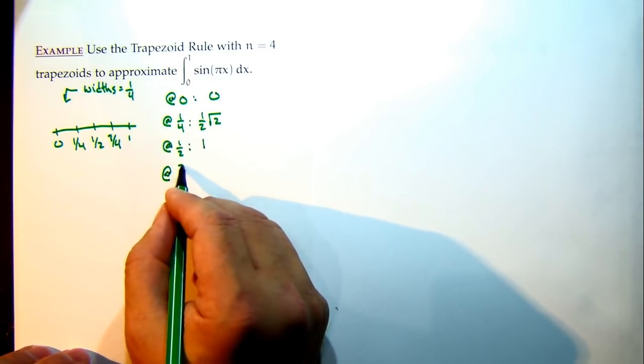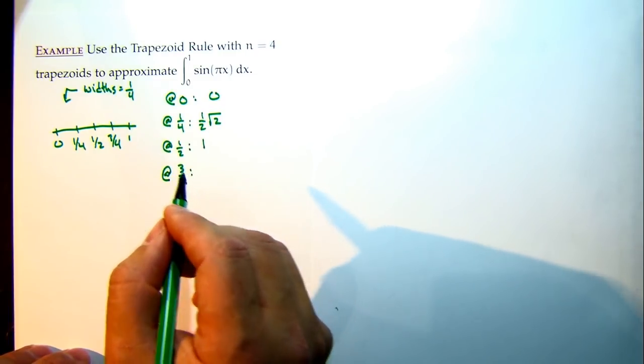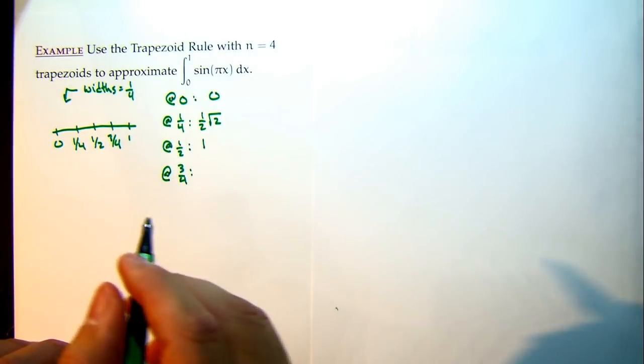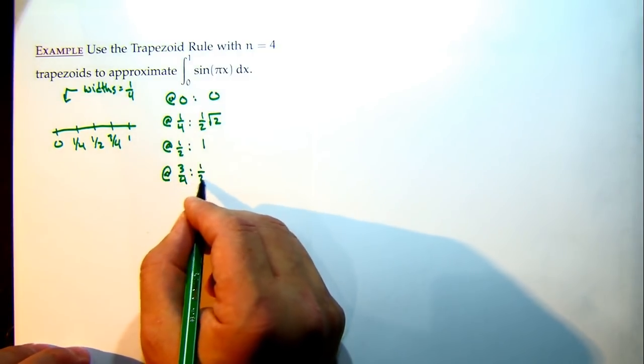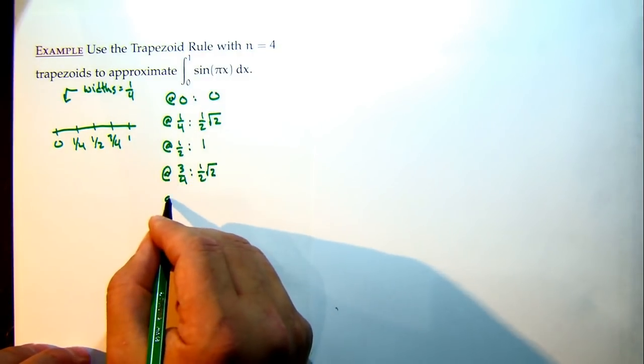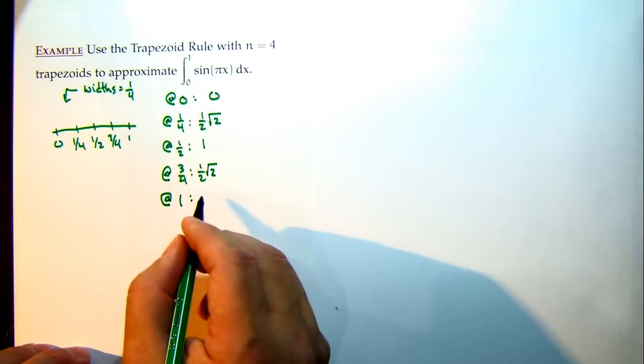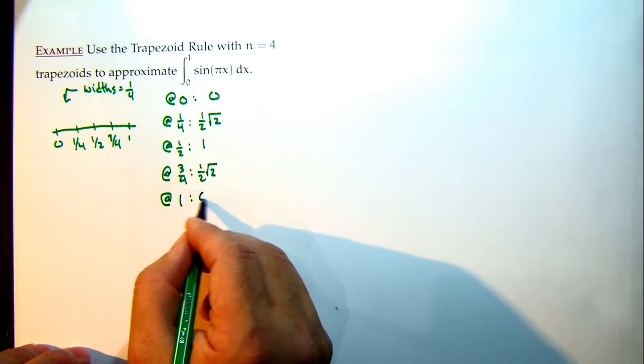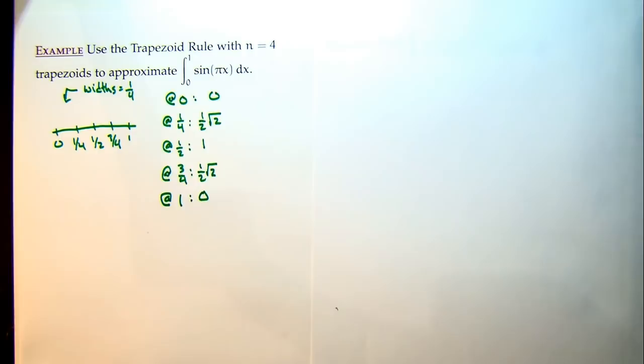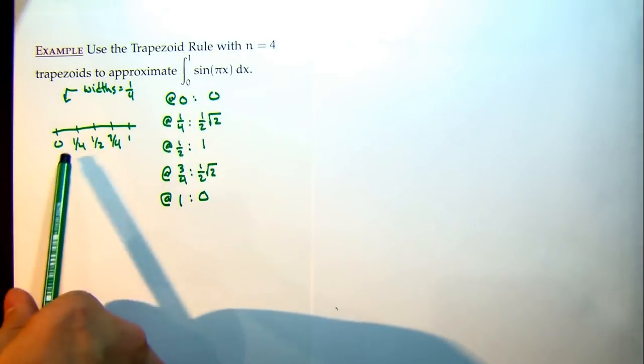And at 3/4, I get sine of 3 pi fourths, which is, again, 1/2 square root of 2. Good. And at 1, sine of pi, 0. Okay, so now I know what the values are at the points. I've sampled. I've seen what's happening, because I only need to know where I'm at these particular points.